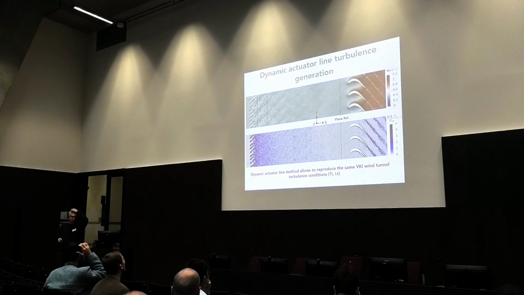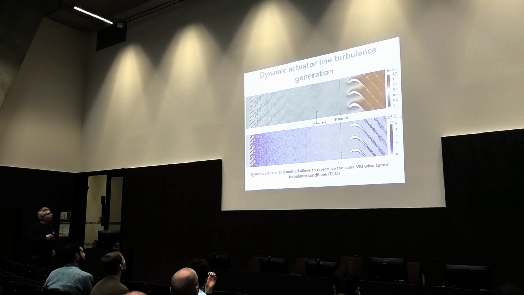To show you that in a simpler picture, this is the cascade that reproduces the cascade in the wind tunnel, and this row of forces represents the rods that I just showed you from the experiment.